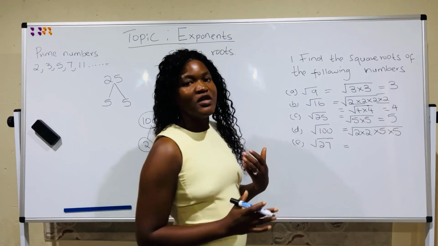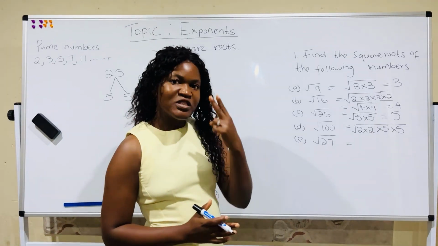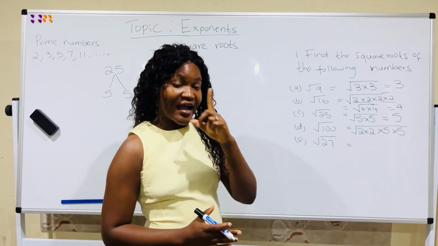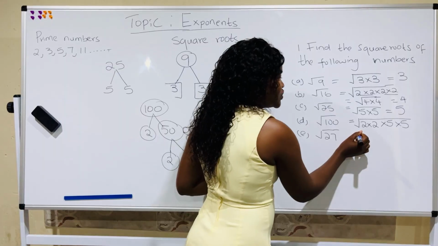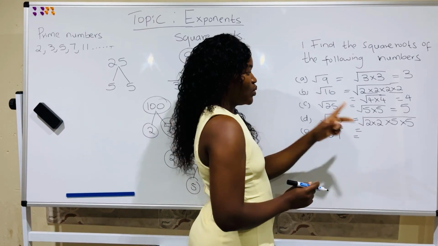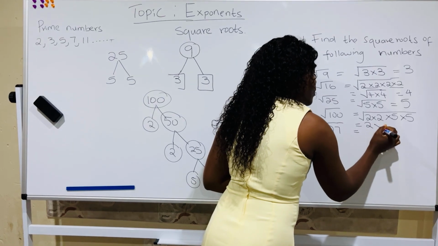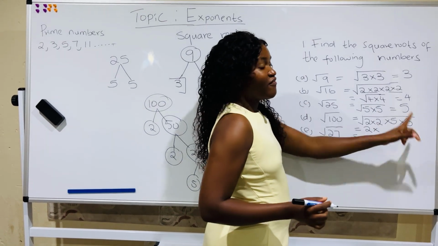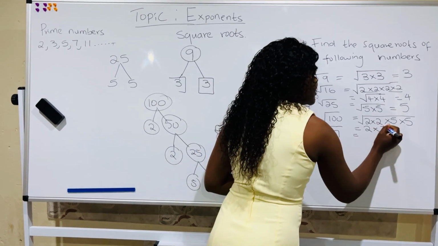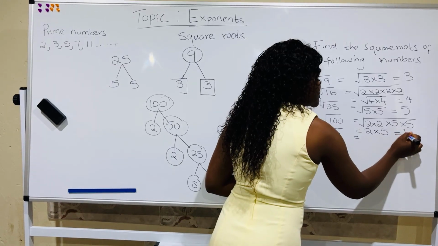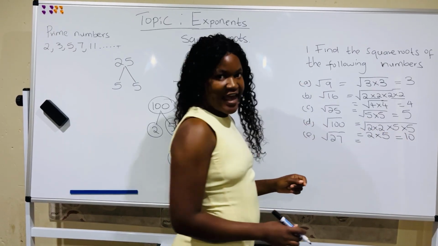And let's check how we take the square root. Or you can do it like this. We take one 2 from 2 multiplied by 2, and one 5 from 5 multiplied by 5. That means our answer is going to be 10.